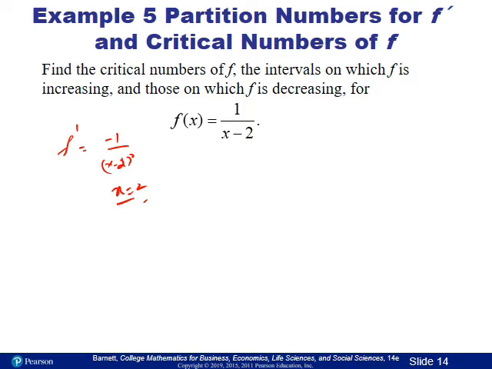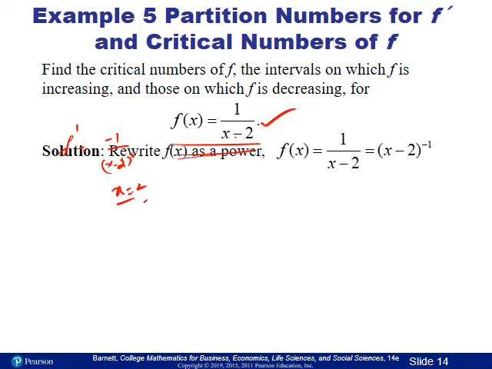Since x equals 2 is not in the domain of this function, because if I substitute x equals 2 into this function, f of x is not defined, x equals 2 is a partition number, but it is not a critical number.